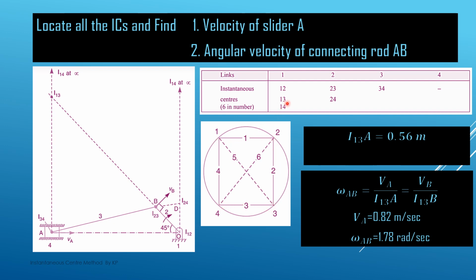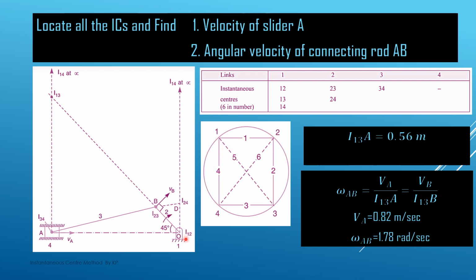Now I13 we want to locate, so we join 1 and 3 here. This is a dotted line because we have to locate this IC in the problem. Now we see that this I13 is the common side of two triangles, 1 2 3 and 1 4 3. So this I13 lies at the intersection of the line joining ICs I12 and I23 and the line joining I14 and I34.